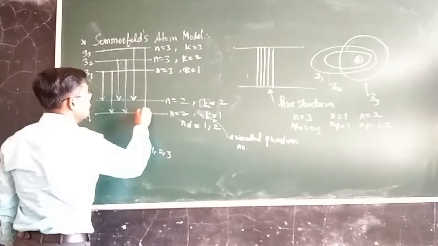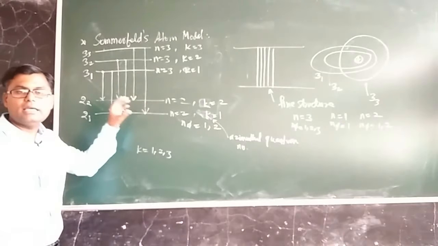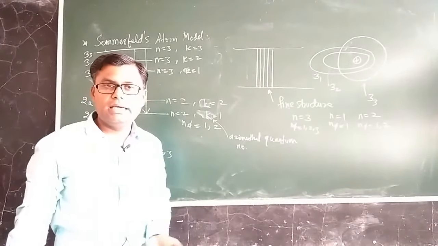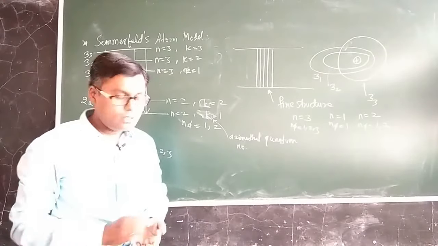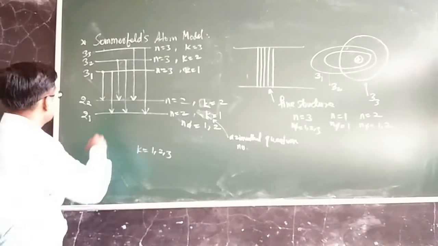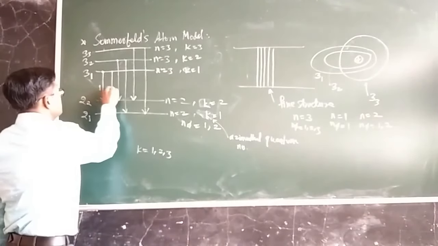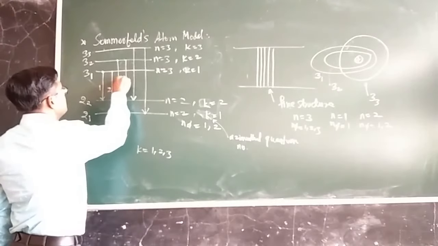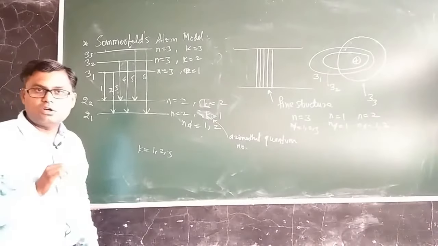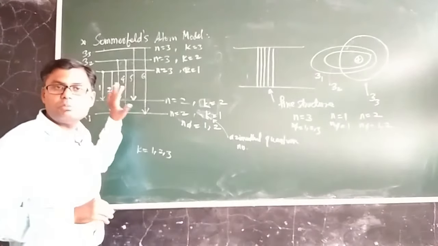So these many transitions are possible, and every transition will be equivalent to the emission of a photon of particular energy or particular wavelength. So how many transitions are there? This is the first transition, second, third, fourth, fifth, and sixth. So according to Sommerfeld, if the Sommerfeld theory is correct, then 6 transitions should be possible.